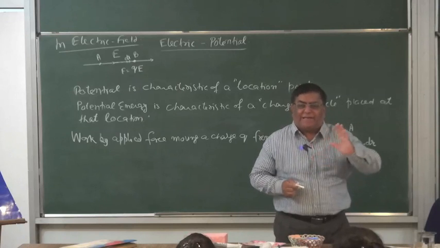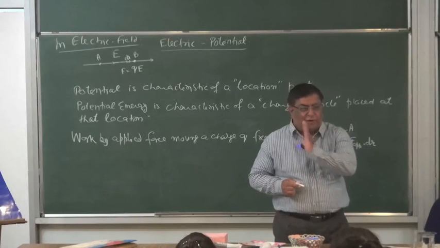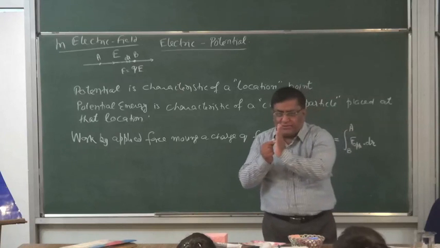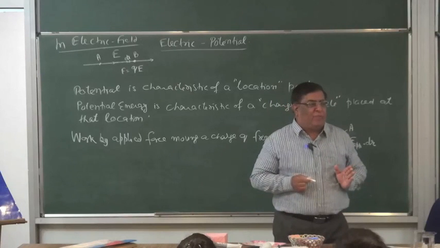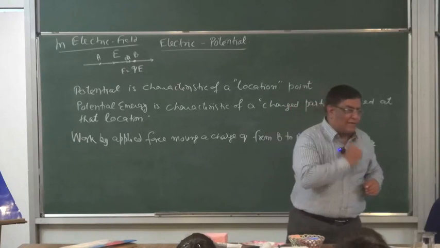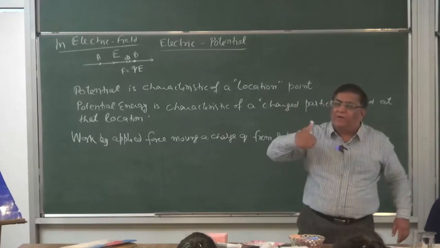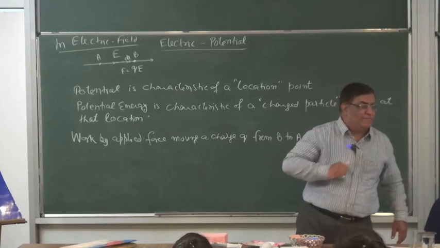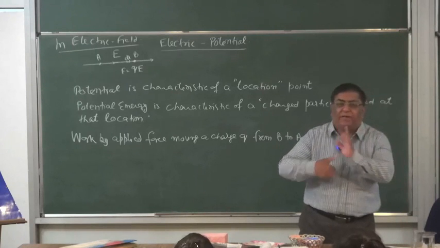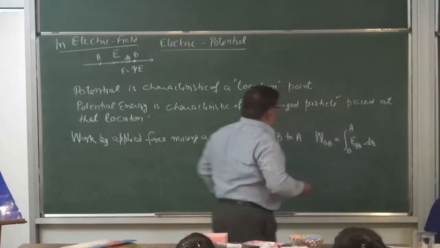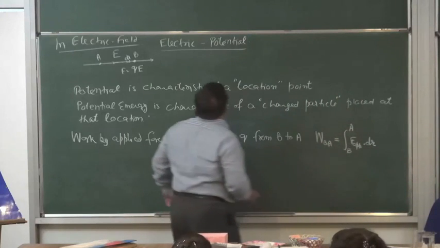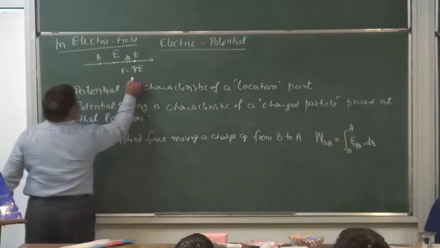I don't want any acceleration; without acceleration, I want to move it. So how much force will I have to apply? The force applied by the electric field. Electric field is putting the force Q into E, so I have to apply Q into E.